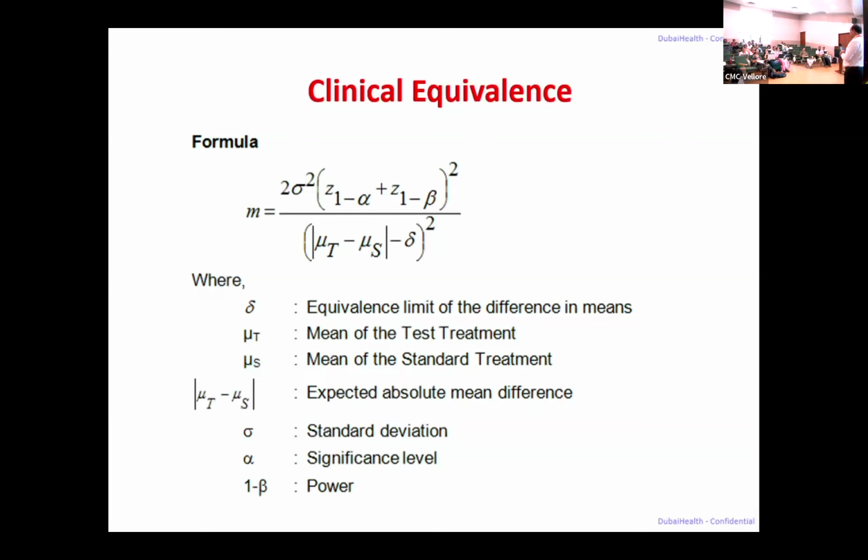Do you understand my question? Equivalence means we are talking about a very small difference between the two arms. Therefore, a very small difference will demand a very high number. That is the concept they have.